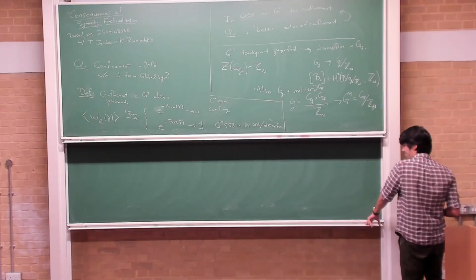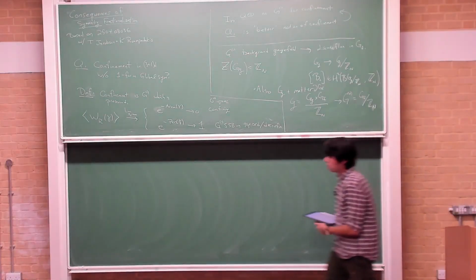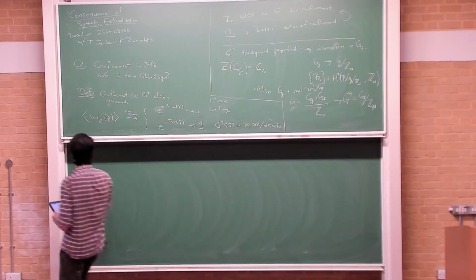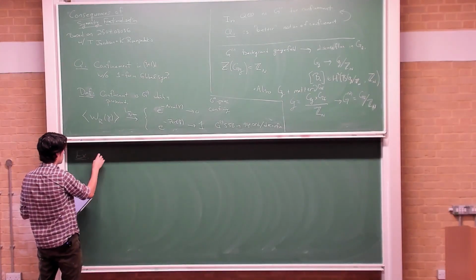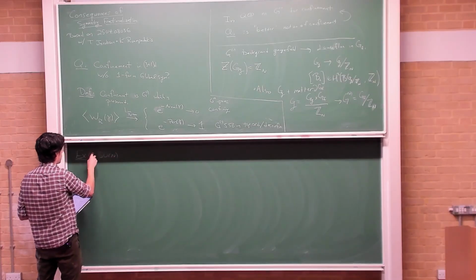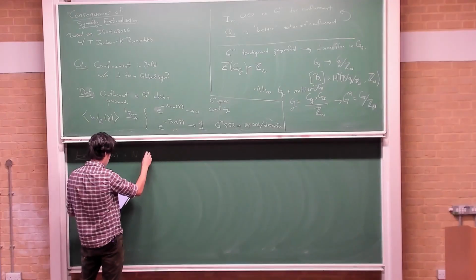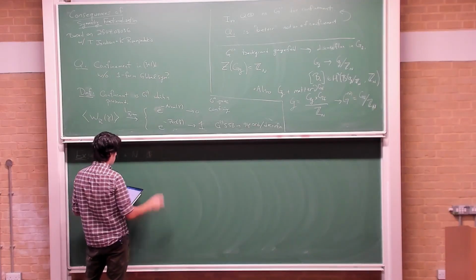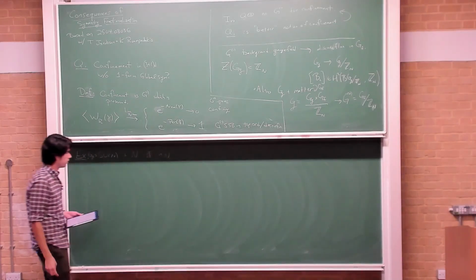So an example we maybe want to have in mind for this whole talk is an SU(N) gauge theory plus n complex scalar fields in the fundamental representation.